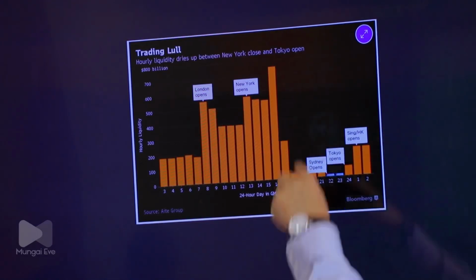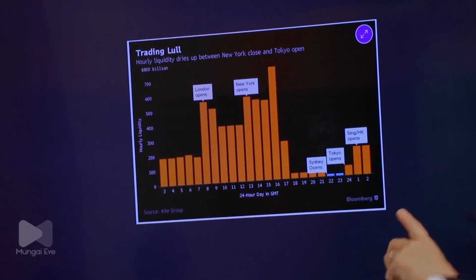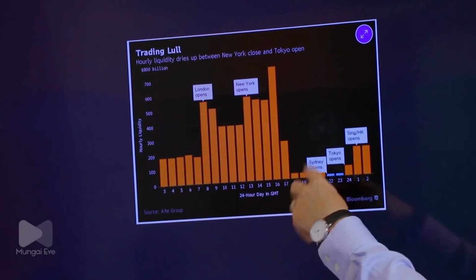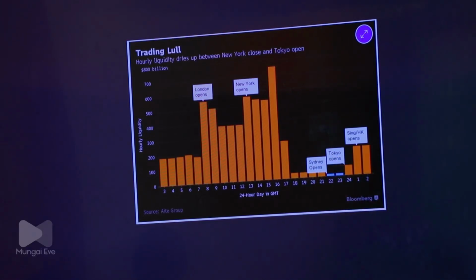But there's a significant decline in liquidity, i.e. volume of trades going on, how much people are offering deals, as London closes by 6 o'clock London time, which is 8 o'clock Kenya time.